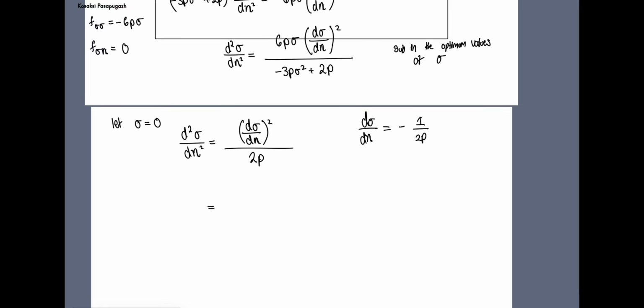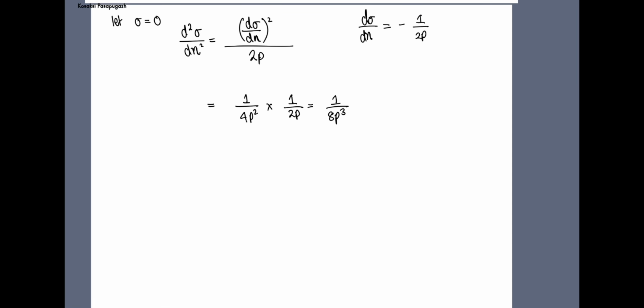So we get 1 over 4p squared times 1 over 2p, which is 1 over 8p cubed.